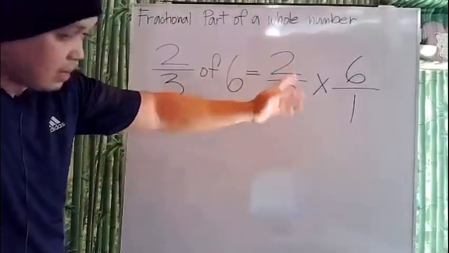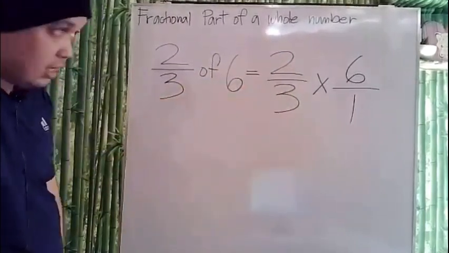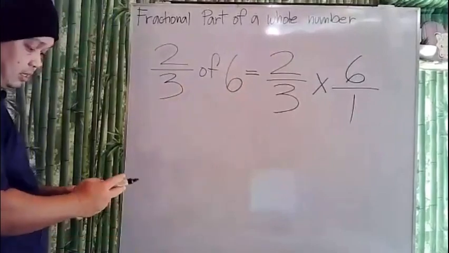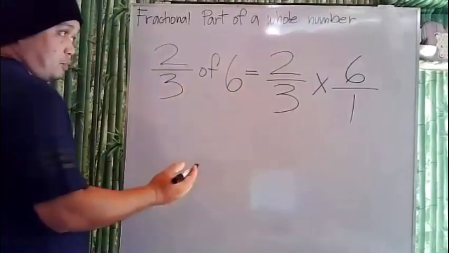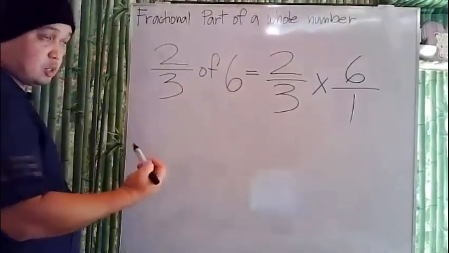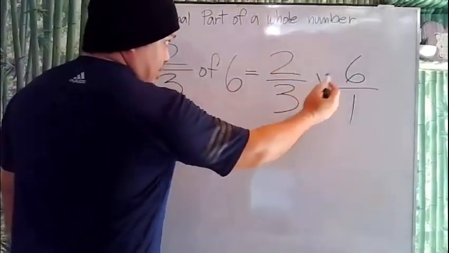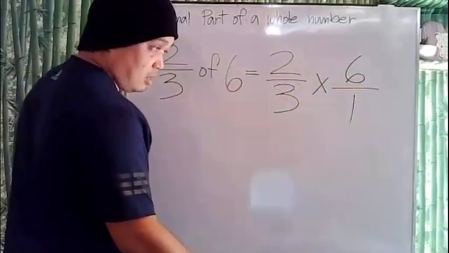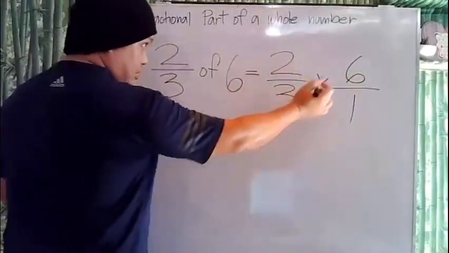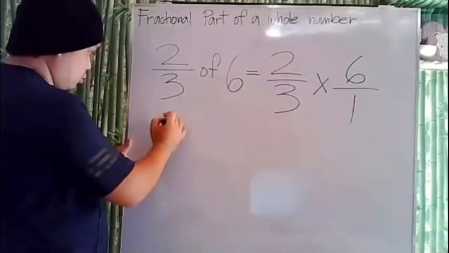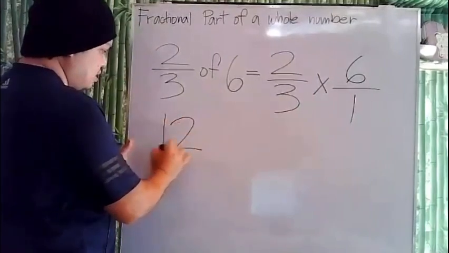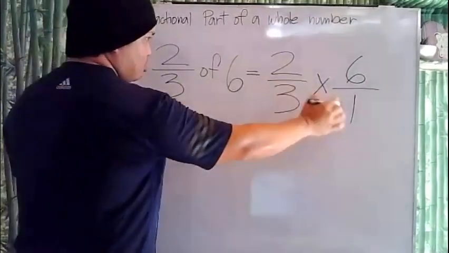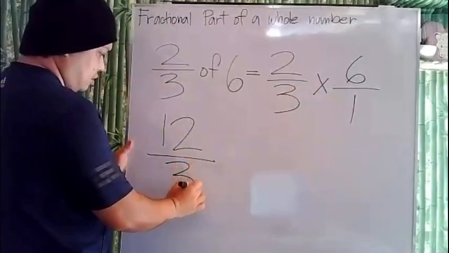So we are now multiplying fractions. And to multiply that, based on our previous lesson, just multiply the numerators and multiply the denominators. So let's multiply. 2 times 6 for the numerator is 12, and 3 times 1 is 3.